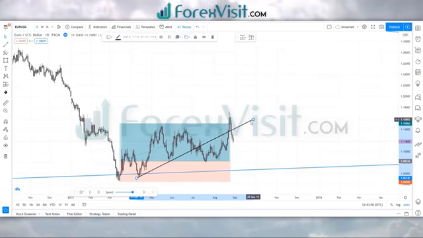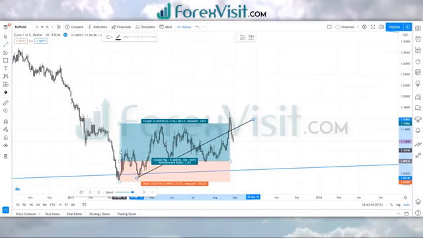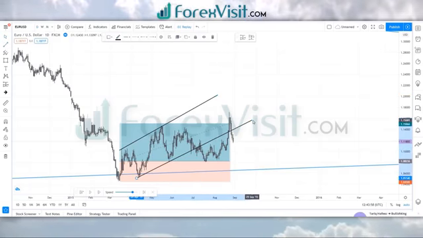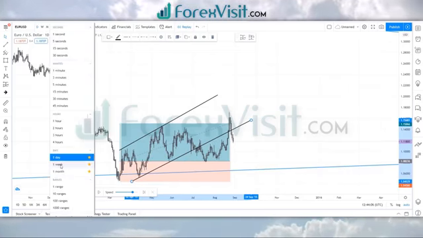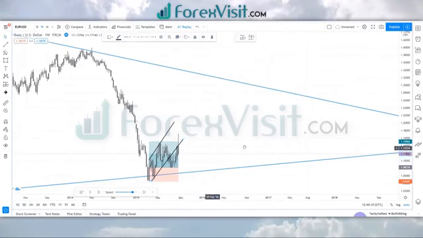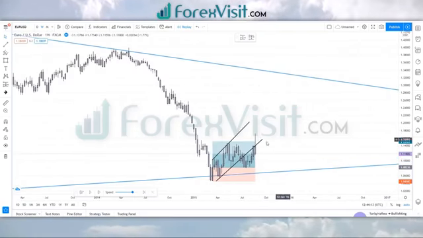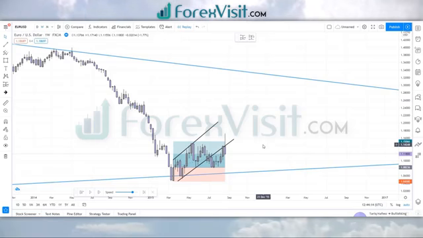Now we draw a new trendline channel in the daily time frame to understand market movements. Now we switch to the weekly time frame. Here you will see that we got rejection through the trendline in the downward direction.